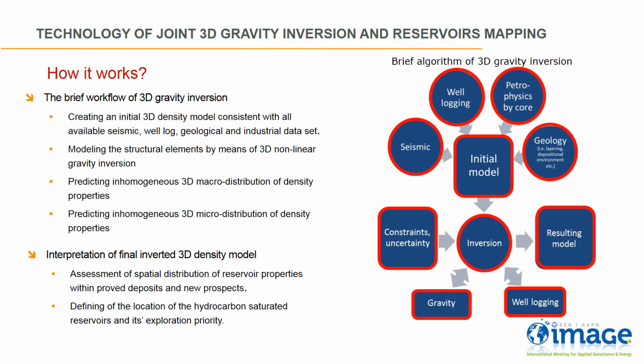Observed gravity adjusted to complete Bouguer anomaly is used as the controlling function in the inversion. The final stage of the technology is analysis of the final inverted 3D density model in terms of assessment of spatial distribution of reservoir properties and defining the location of the hydrocarbon saturated reservoir and its exploration priority.